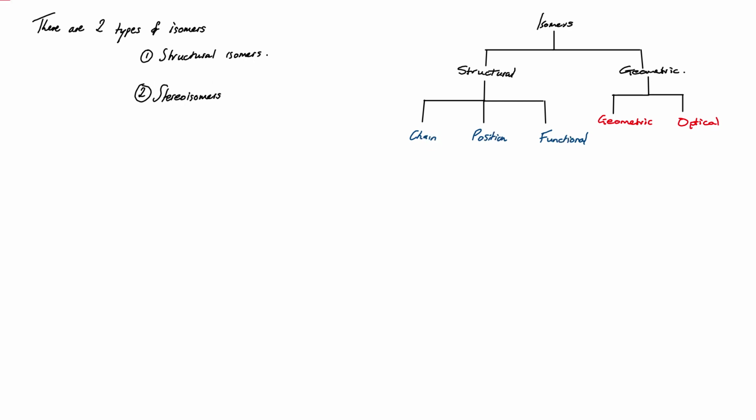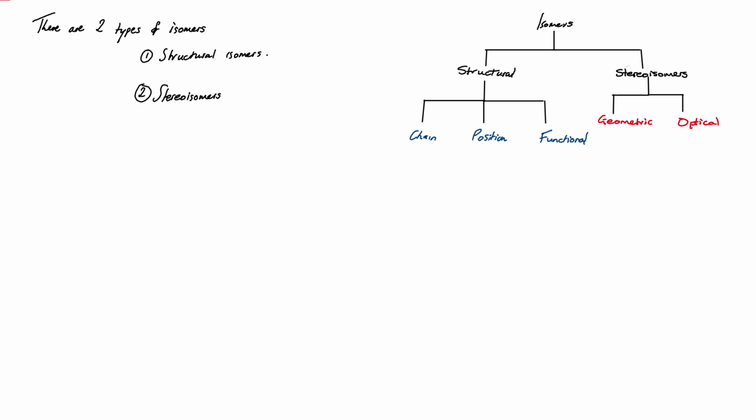So position isomers, chain isomers and functional isomers, or functional group isomers you could also call it. And on the other side you've got stereoisomers, and underneath stereoisomers we have geometric and optical.